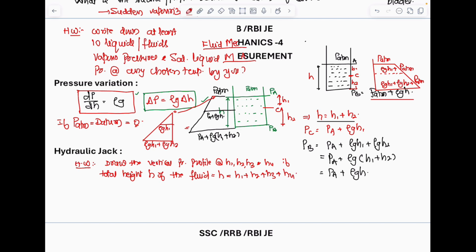Draw this. Draw on your own. Draw the vertical pressure profile.